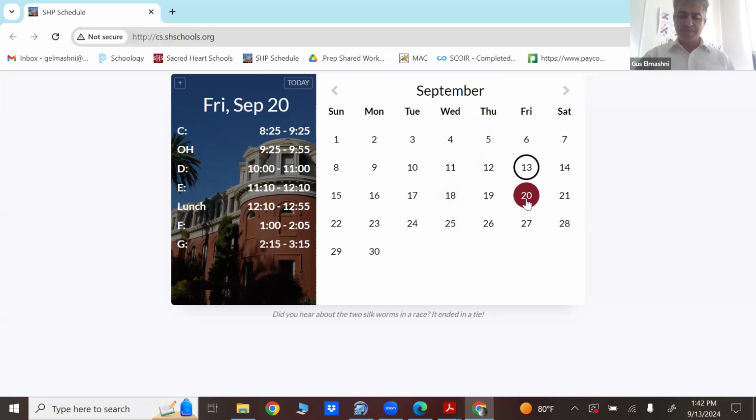Then we have a bunch of classes on Friday because we have prayer service. There's no advisory. Do I have to show up early to school for office hours? No, if you want to, you can.